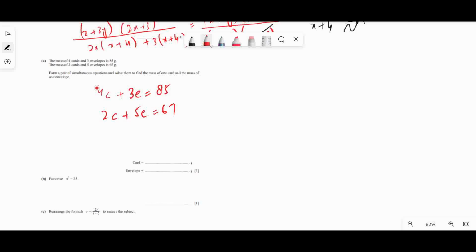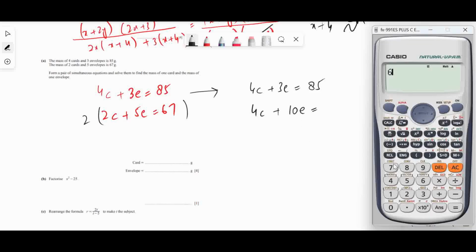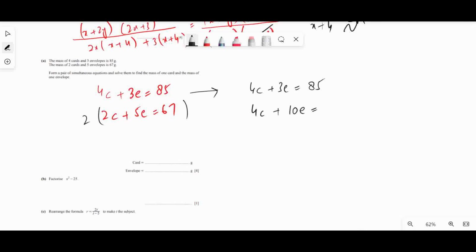So what we can do is multiply equation 2 with 2. The equation 1 is 4c plus 3e is equal to 85, and equation 2 will become 4c plus 10e is equal to 67 into 2. So 67 into 2 will be equal to 134.